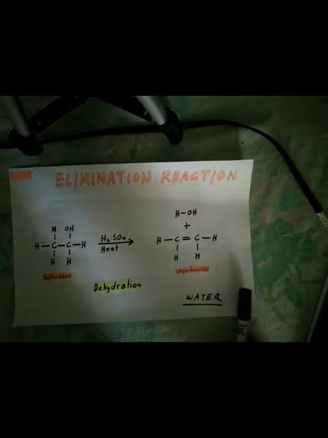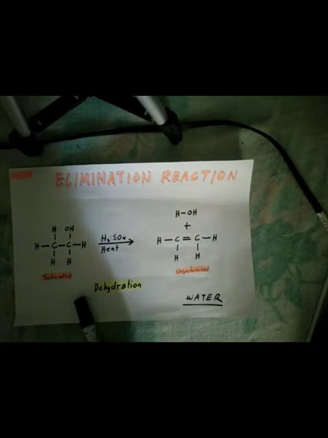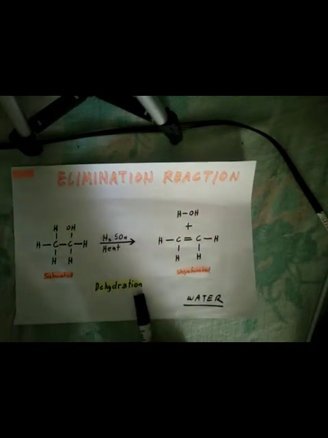And if the addition of water is called hydration, then if you remove water, well, it's de, so it is dehydration, and dehydration is known as the removal of water. To sum it all up, the elimination reaction is the opposite of addition reaction, from a single reactant becoming two products.